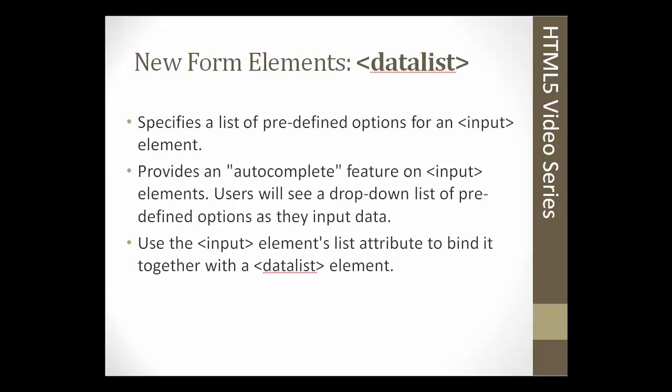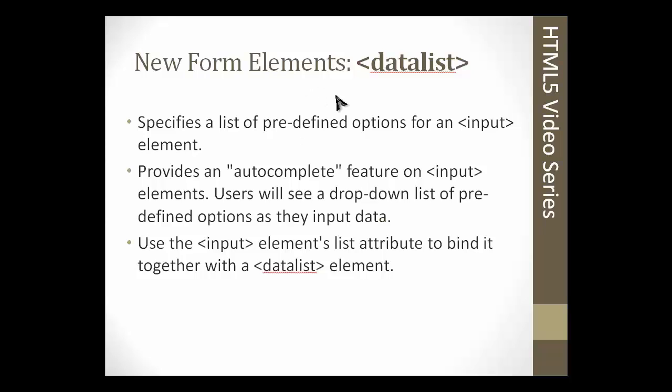Now we have some new form elements, and there are three big ones. I'm not going to go through them in detail because they can get a little advanced, and I don't see where I can fit them into the project. First we have the datalist element, and it specifies a list of predefined options for an input element.